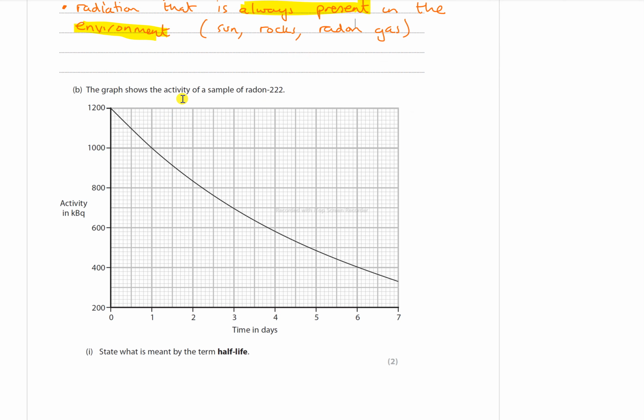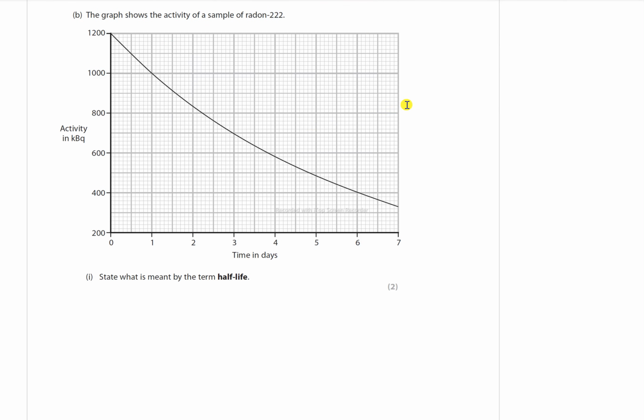You've got the activity of radon-222. What is meant by half-life? Let's discuss this idea because this comes up a lot. So look, you had 1200, half of 1200 is 600. Go across there and read that off: 3.7 days. 3.7 days is the half-life. What is meant by half-life?